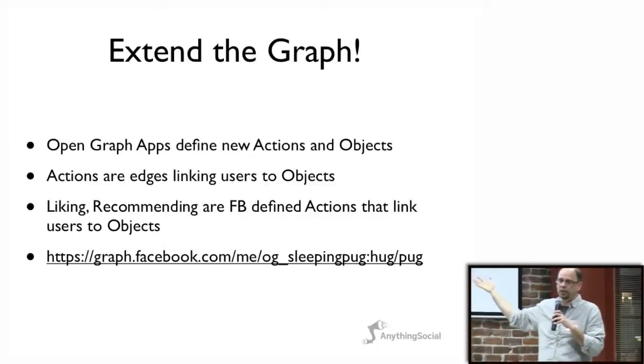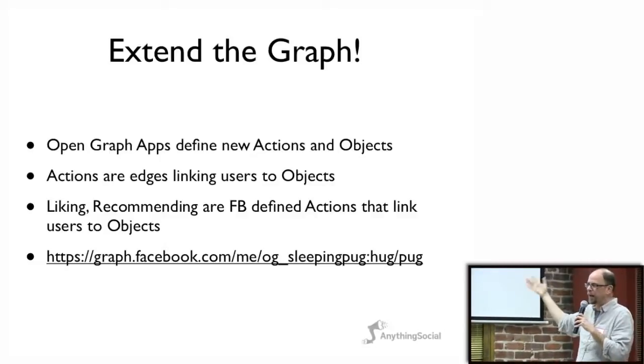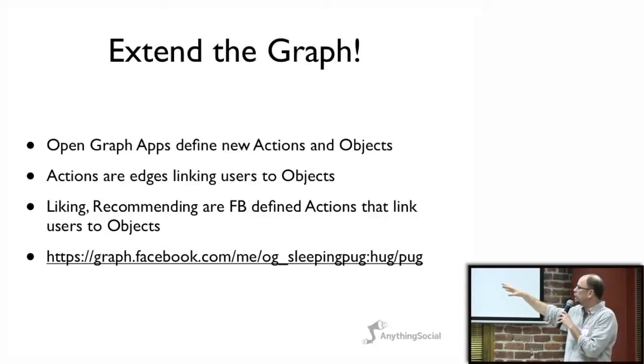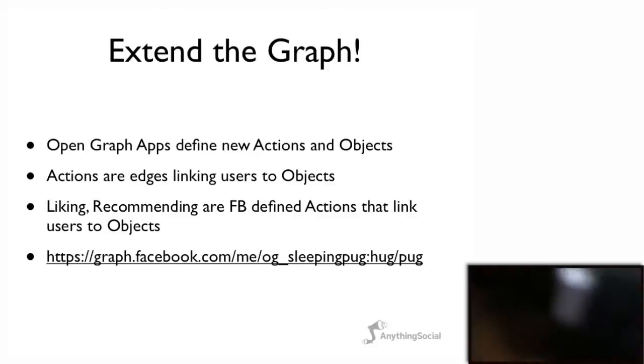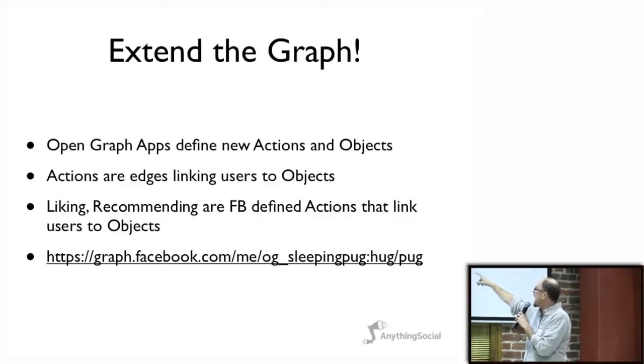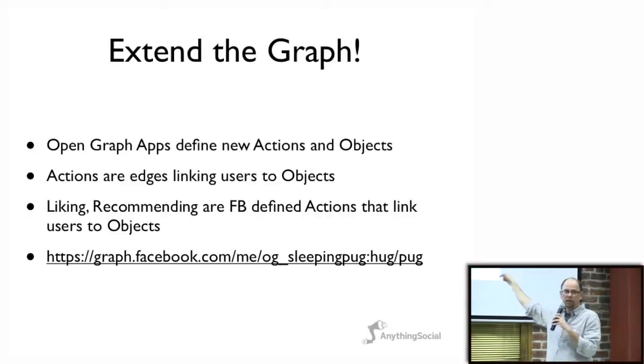One of the things that's really cool about the Open Graph app platform is that it continues to use the standard RESTful resource approach, and it's very understandable. We'll talk more about this URL in a little while, but basically what we've got is a graph call to the current user for a particular action for a particular object.